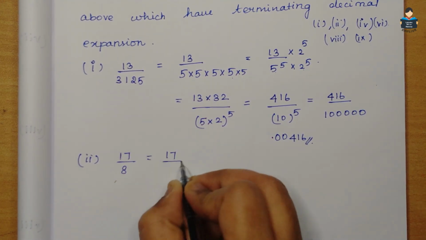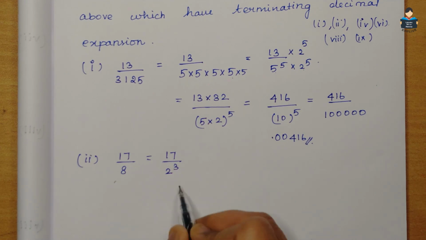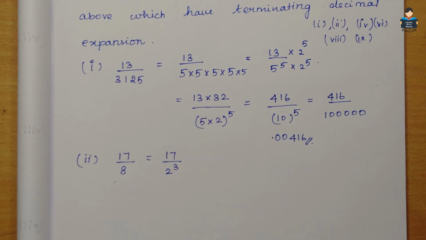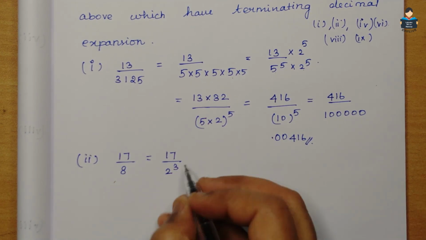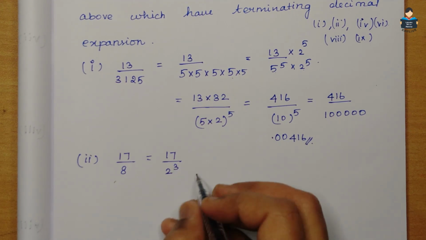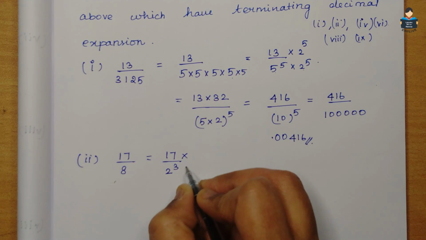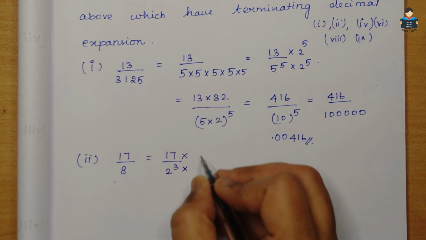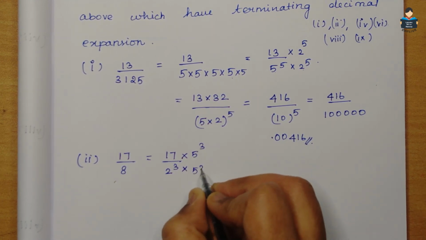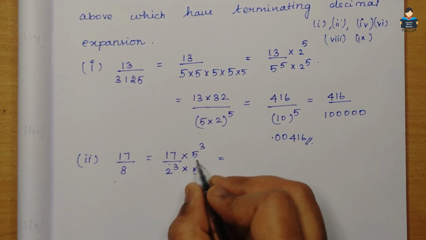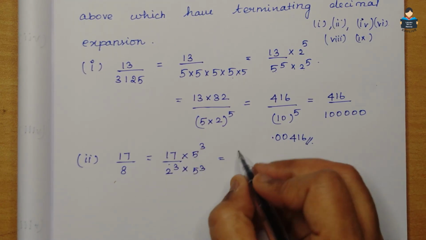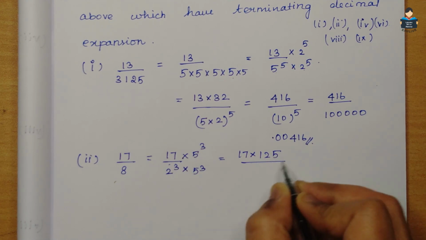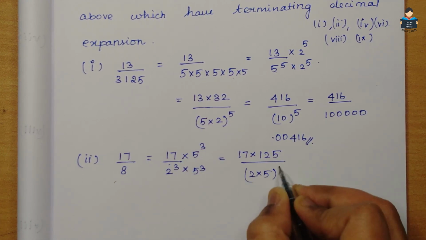In the next subdivision, they have given 17 by 8. So 17 by 2 cube. We know that terminating decimal expansion will be in the form 2 to the power n and 5 to the power m. So I have 2 to the power 3. I am going to multiply with the same power, that is I will be multiplying both the numerator and the denominator with 5 cube. So I will be getting 17 into 125 by 2 into 5 the whole cube.